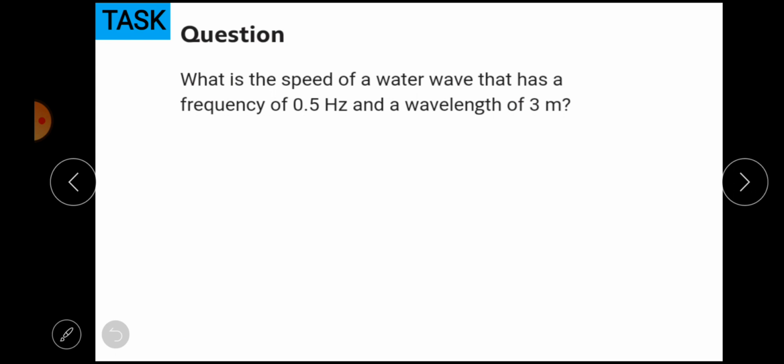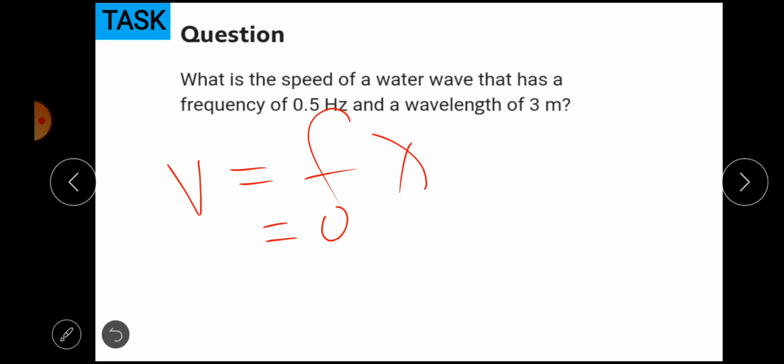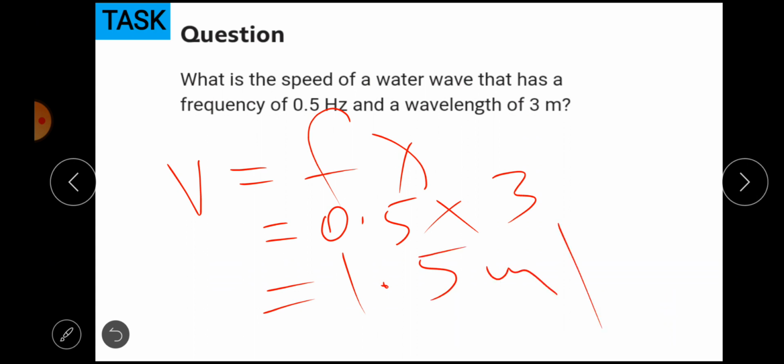So you can calculate speed is equal to frequency times wavelength, which is 0.5 times 3, and then what are we going to get here? We're going to get 1.5 meters per second. So this wave is traveling 1.5 meters in a second.